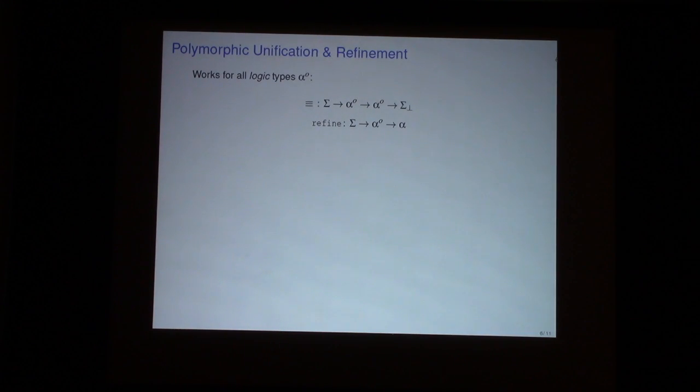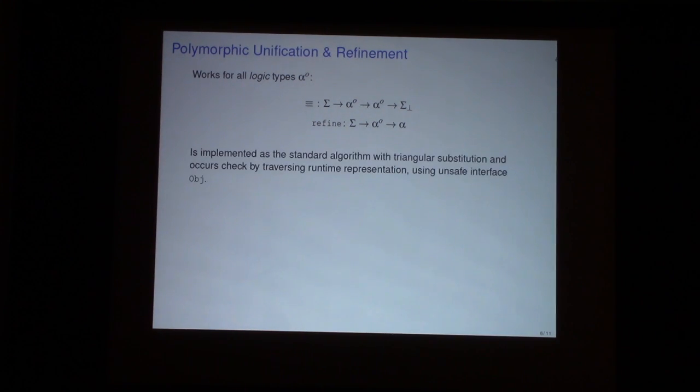So we implemented unification for logical variables and reification for them. There are a lot of tricks, and you can make a lot of mistakes when you use unsafe features of OCaml. And we basically have adopted the same approach as how OCaml polymorphic comparison and polymorphic equality are implemented.